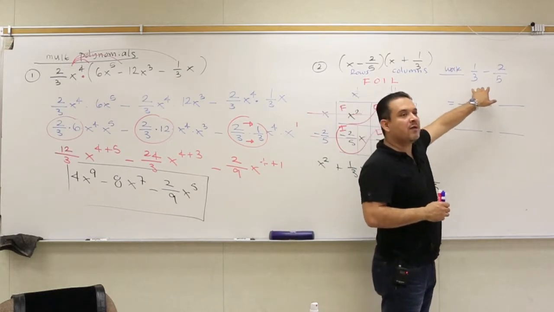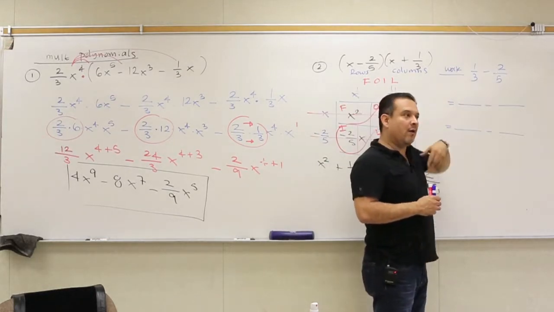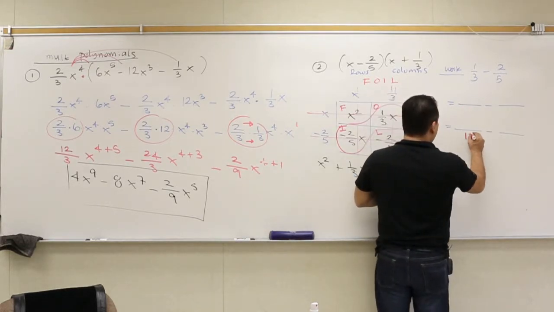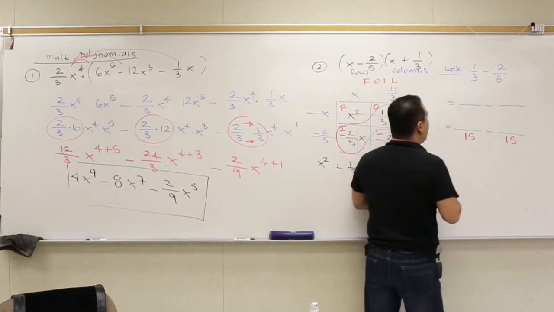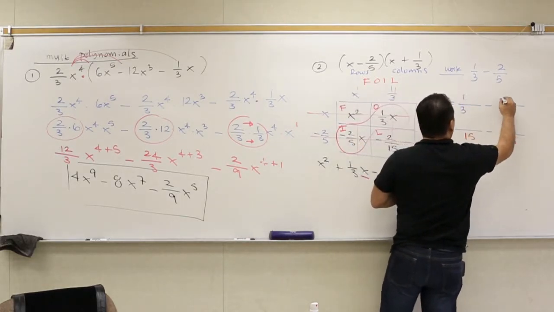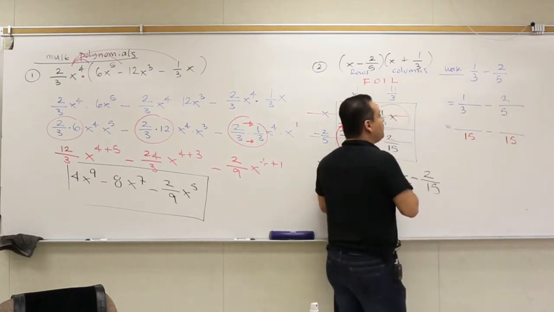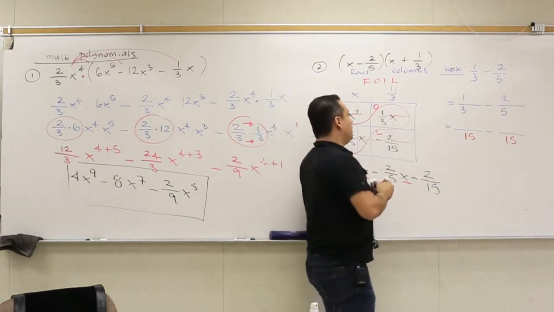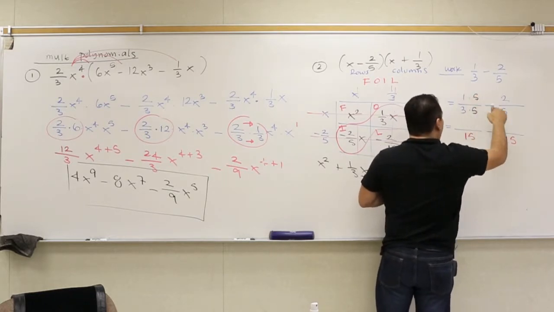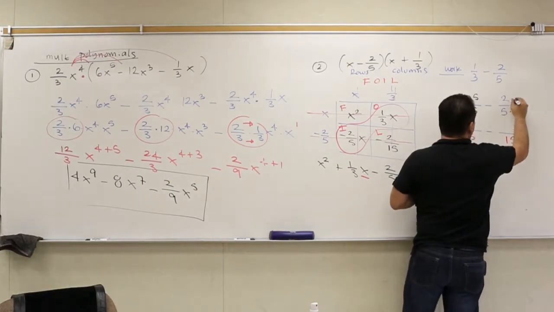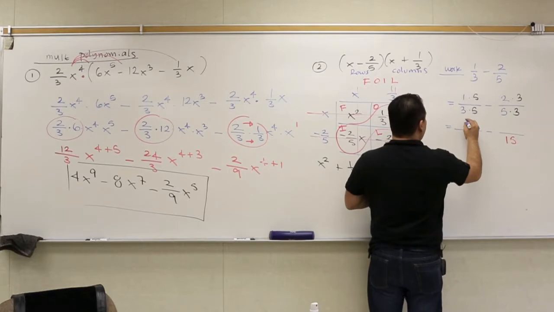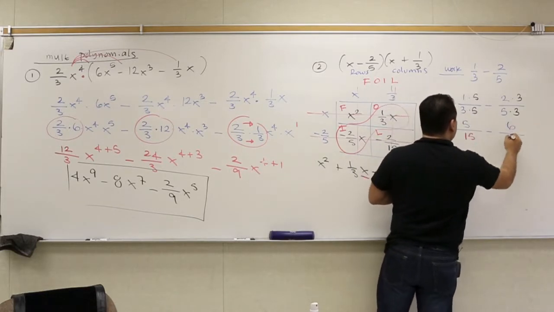Okay. How do we do this when they're unlike? Well, what's the LCM of 3 and 5? 15. So put that where? Here and here. Is that right? So I get 1/3, I get 2/5. And you guys remember, how do I do this? 3 times what is 15? 5. 5 times what is 15? 3. So don't we get what? 5, 6.